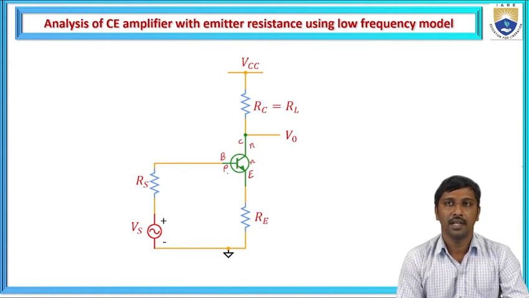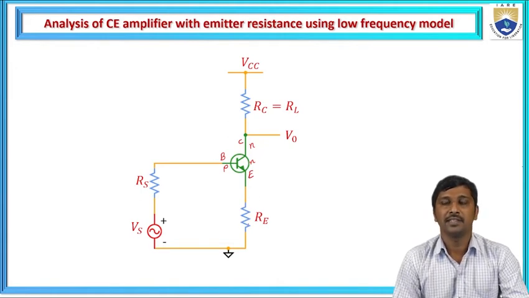Now, I use the self-biasing method to make the emitter base junction forward bias and collector base junction reverse bias. And by using this emitter resistance, it is to stabilize the DC biasing.